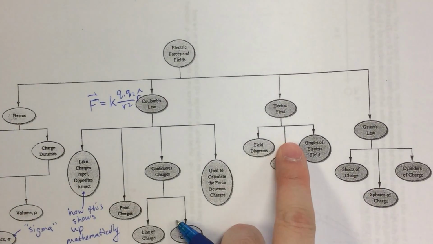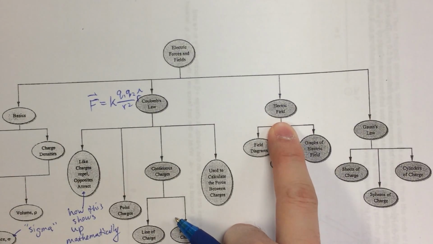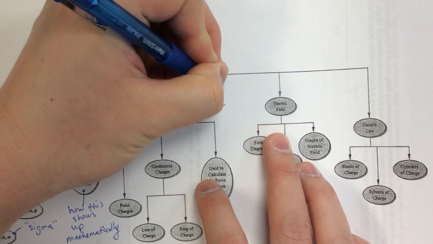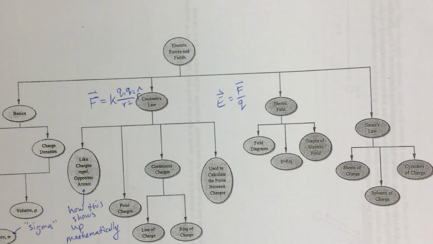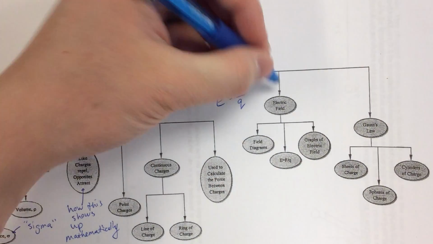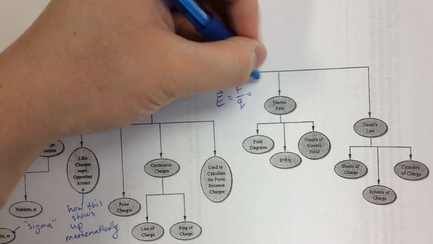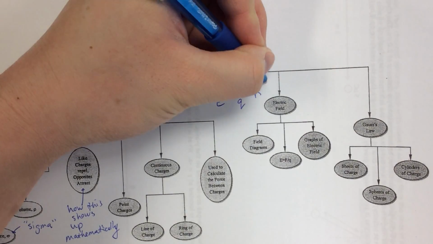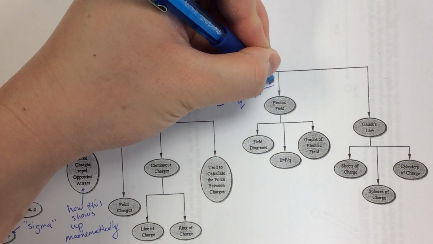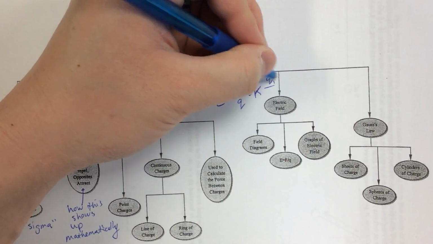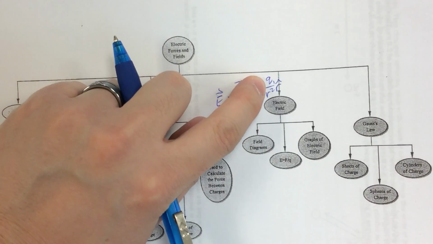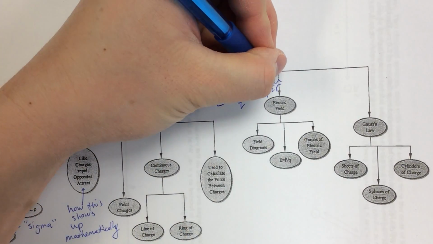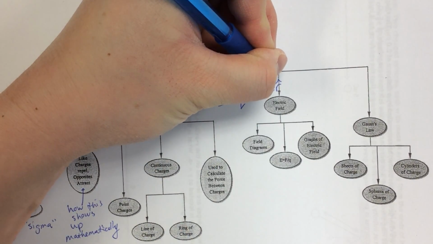Looking at fields. Okay, so when you're looking at a field, your field is the force divided by the test charge that you put in that field. And so you can break it down into an effect that is due to your source charge. So I'll call this QS.